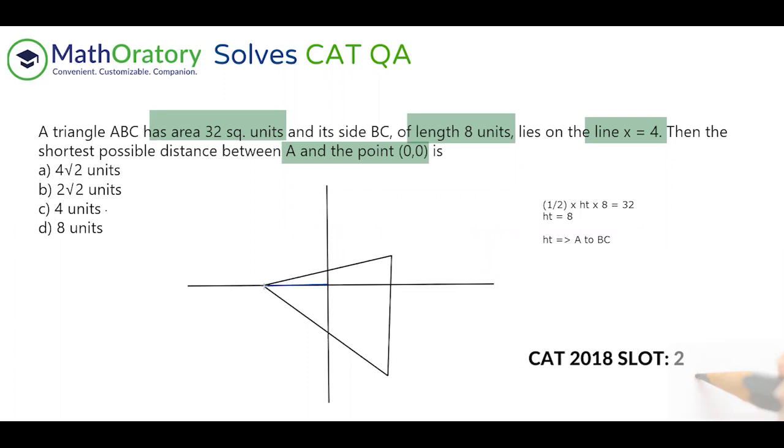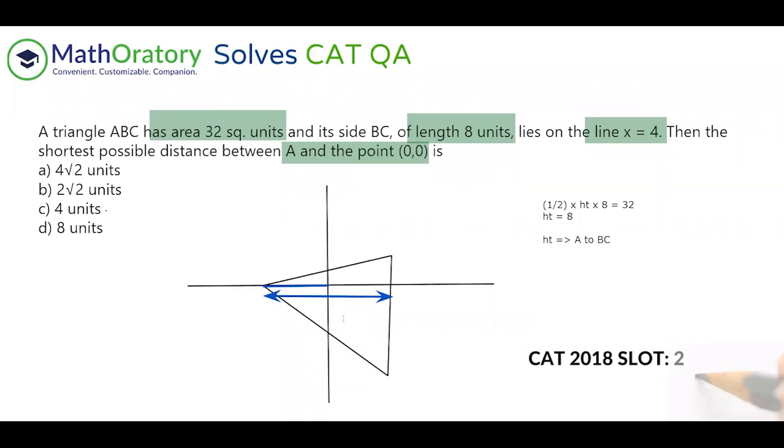We know that the net distance from A to BC is 8 units.